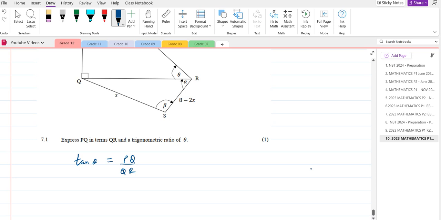Now if you cross multiply, you get PQ is equal to QR tan theta. I hope you guys understood that. Moving on to the next problem.